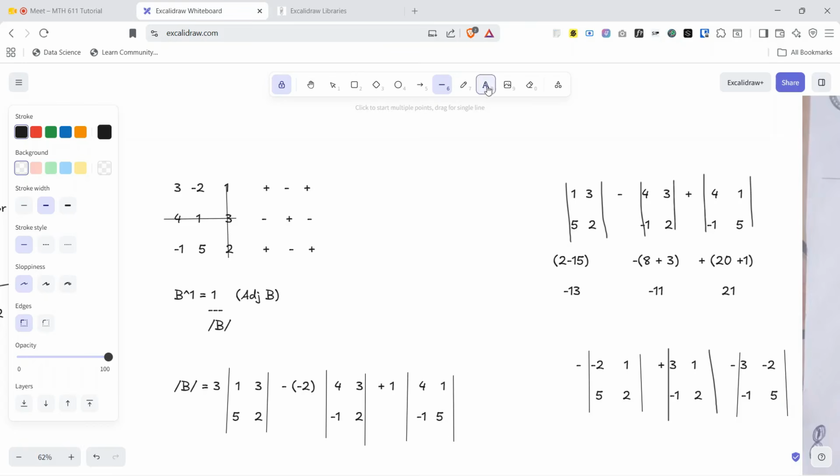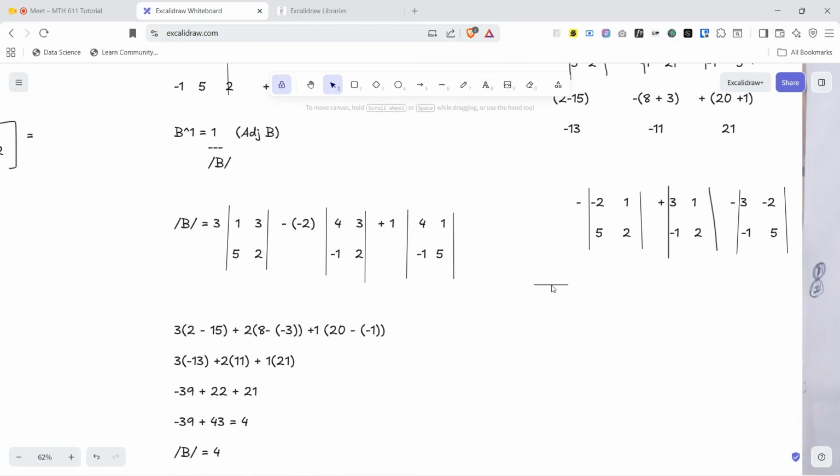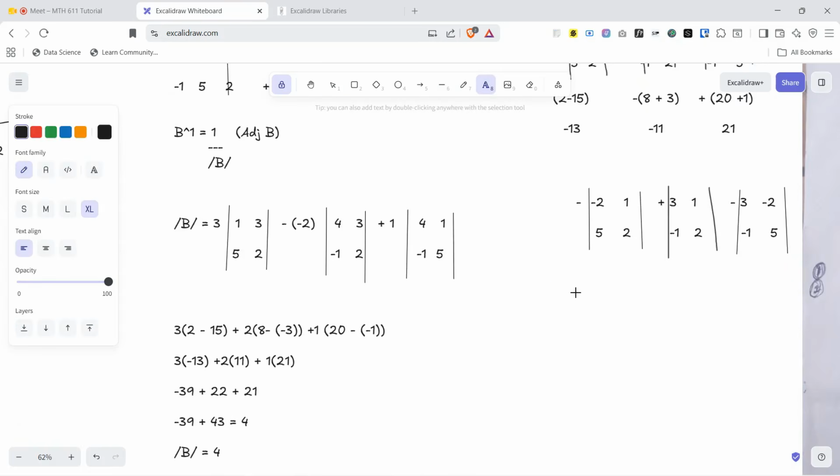Okay, so for this matrix now, this would now be equals to minus into minus 2 times 4, that would be minus 4 minus 5, plus 3 times 2, that is 6, minus 1, that's minus 1 plus minus 1, so this one will be plus 1.